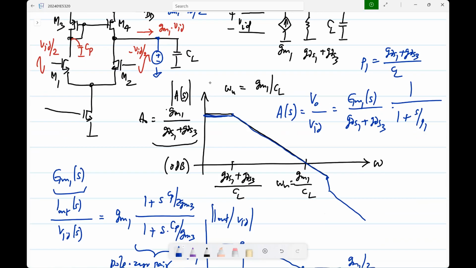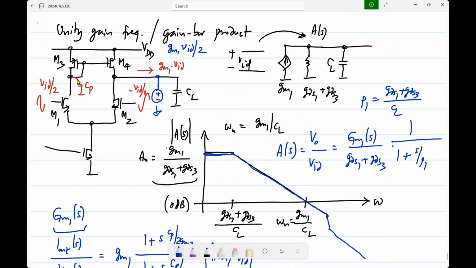One step I have GDS, another one I don't, but it's not arbitrary. You have to be able to reason out when it is significant and when it's not. For instance, GM3 is obviously the most dominant conductance here. It's diode connected. You can add GDS3 to it, but it doesn't really change much.